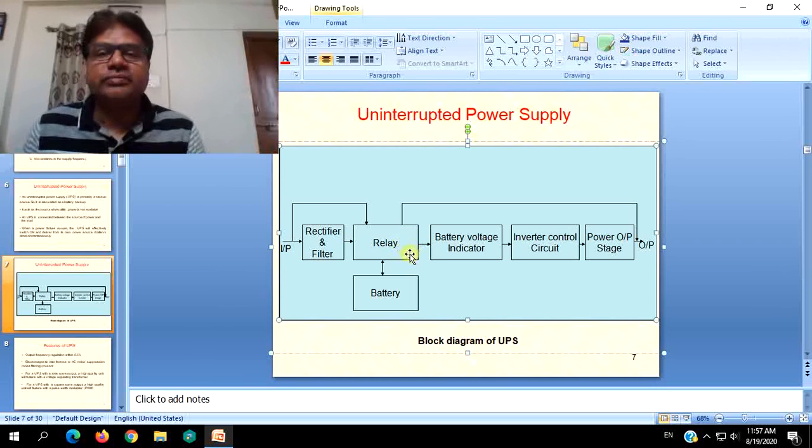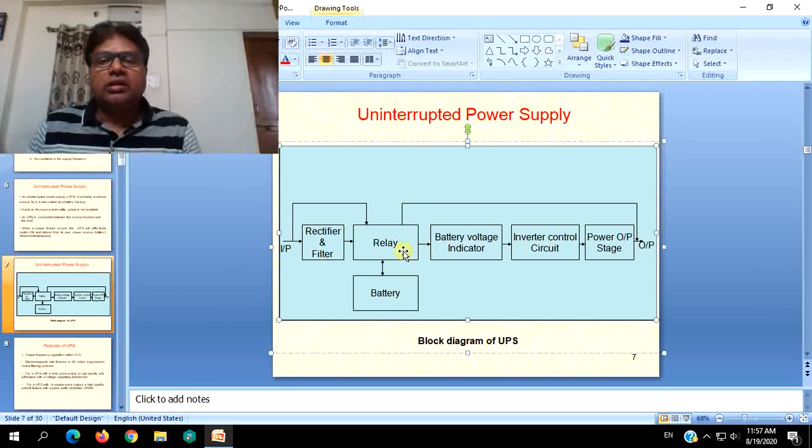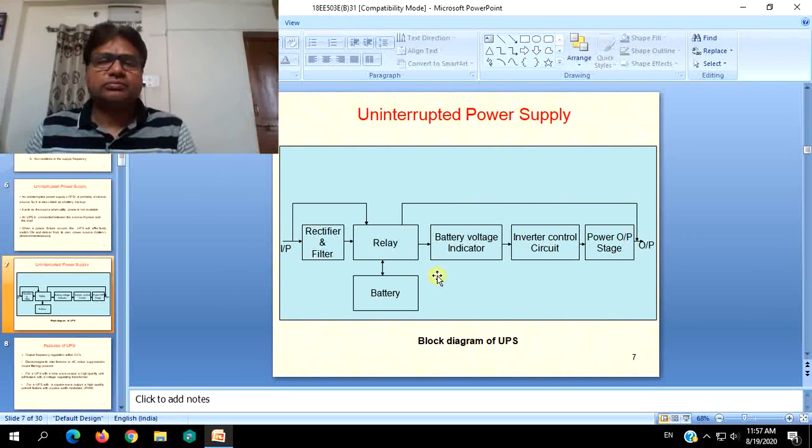Via this relay again, we will be having three paths actually. From this relay, the power is directly fed to the load, or it will be available at the output terminals. We can simply understand that the input is straight away fed to the load via the relay to the output terminals, as the relay switch is normally closed in some instances.